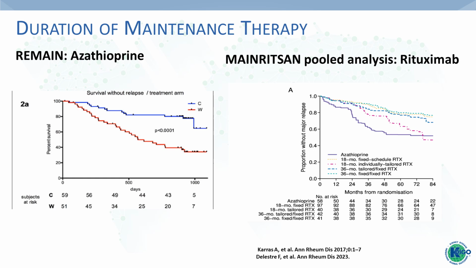And in terms of evidence looking at rituximab for maintenance, this is a pooled analysis of the MAINRITSAN 1, 2, 3 trials, which basically shows that compared to an 18-month fixed dosing of rituximab, azathioprine was inferior, the tailored dose was inferior, and the 36-month fixed dose was not statistically superior.